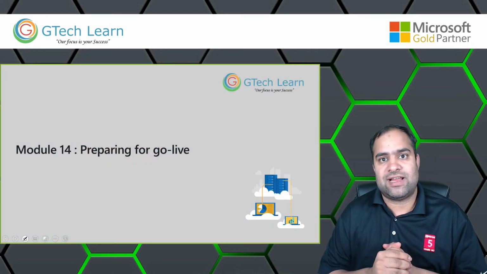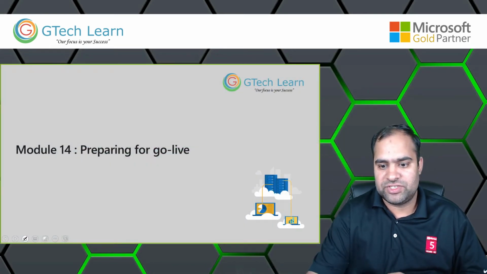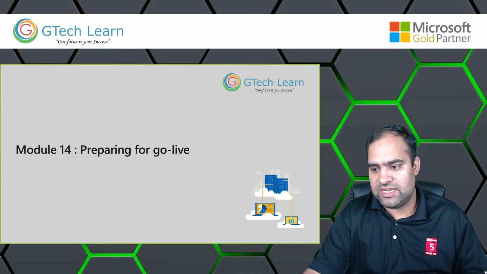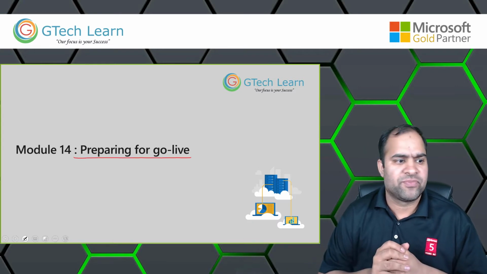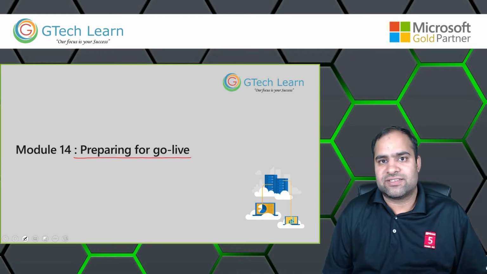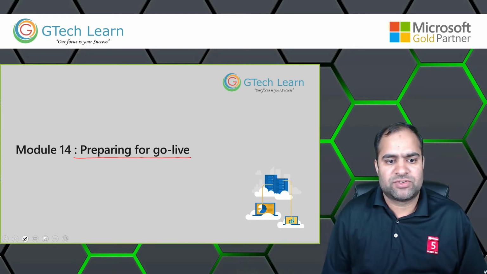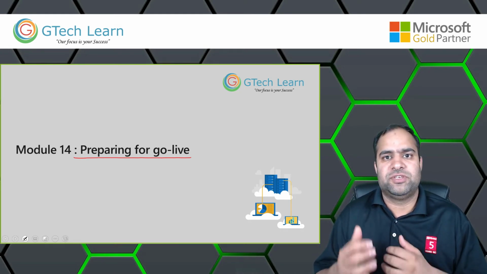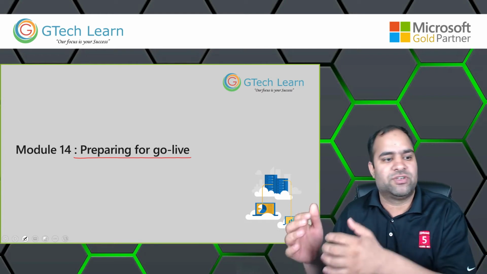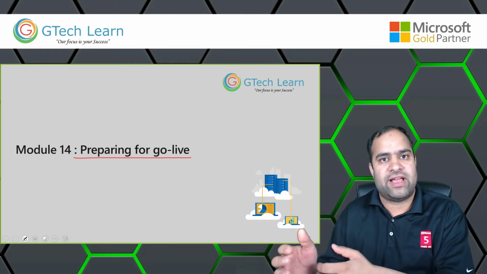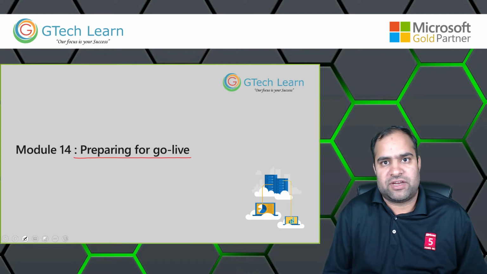Let's go to the last module for the day, module number 14, preparing for go live. This module is a conceptual one, but it talks about some of the best practices we should be using and the structured approach for doing a go live for any of your upcoming or running projects.